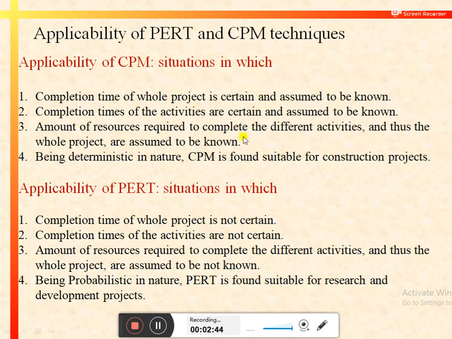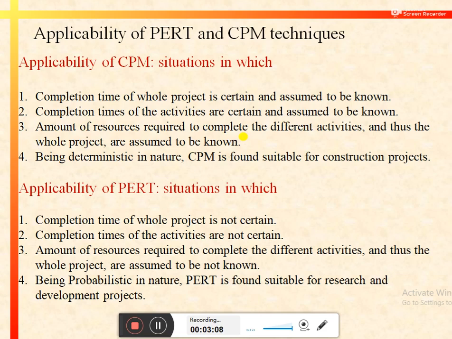In other words, in situations in which we don't know the starting time, the finishing time, or latest start or latest finish of different activities, we are not certain about the scheduling times of various activities of the project.